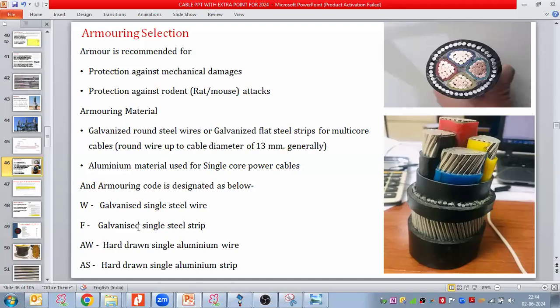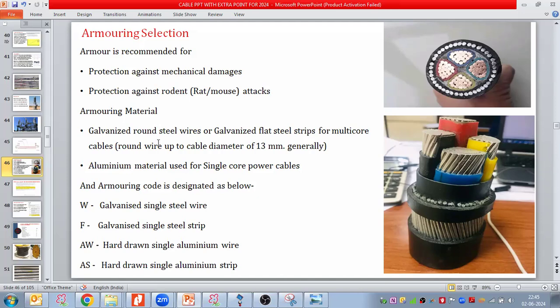If I'm using the galvanized steel flat strip, then it is F, and for a hard drawn aluminum wire, it is A, and for hard drawn aluminum strip, generally we take AS. But before this coding, this is the selection of the armoring materials generally.